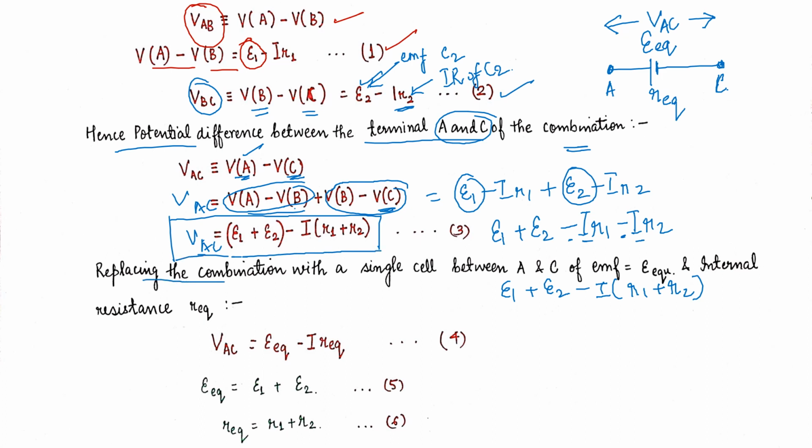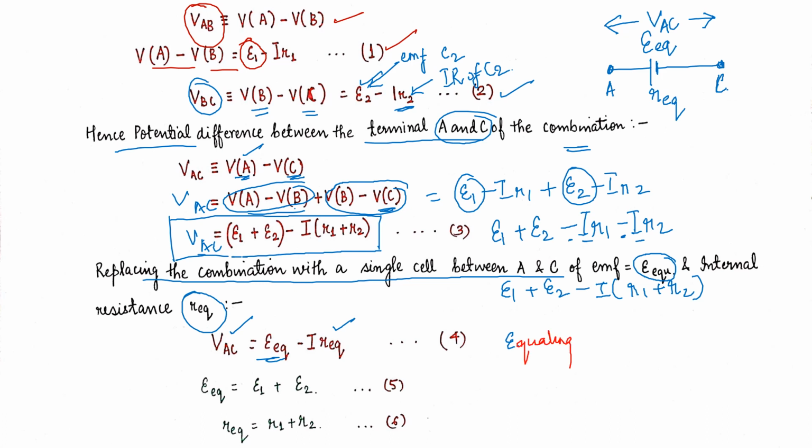Now replacing the combination with a single cell between A and C of EMF epsilon equivalent and internal resistance R equivalent, VAC equals epsilon equivalent minus I R equivalent.